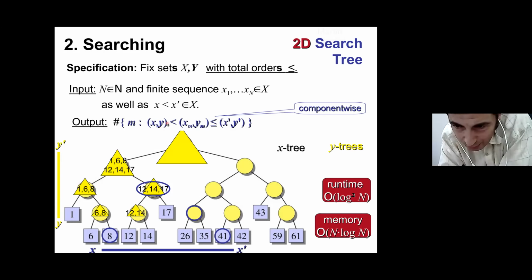you apply this algorithm one more time. You descend in each node into the subnodes of this tree, which are given with respect to the division between y and y prime. So every such descent will cost you log n operations, because the tree is assumed to be well structured, so the depth is logarithmic.